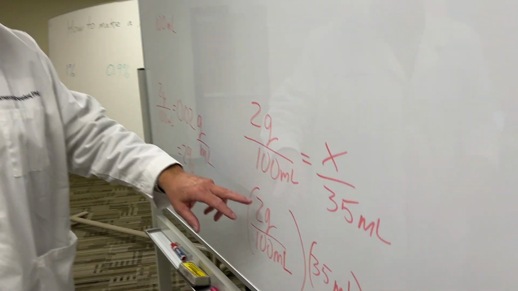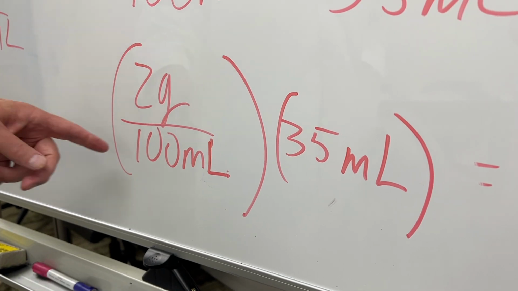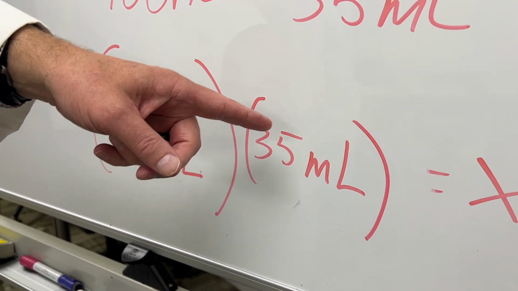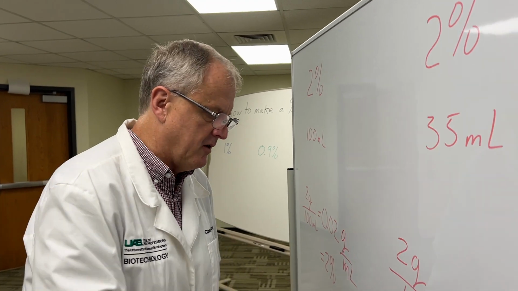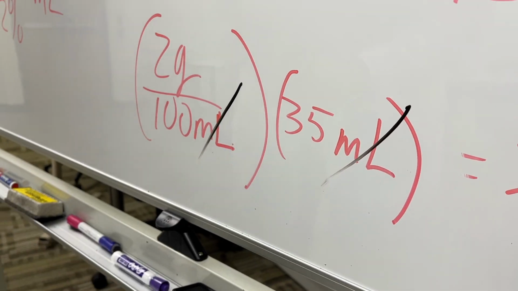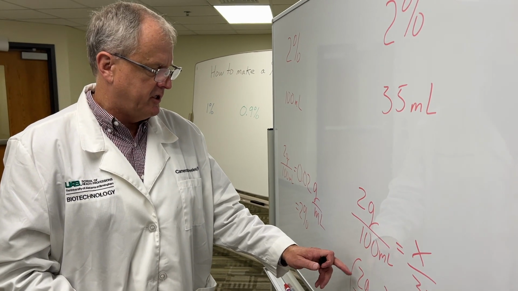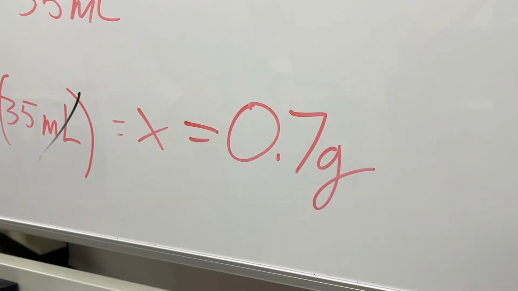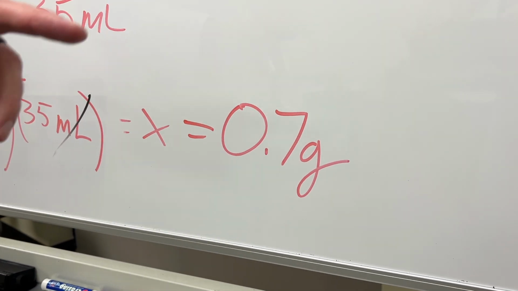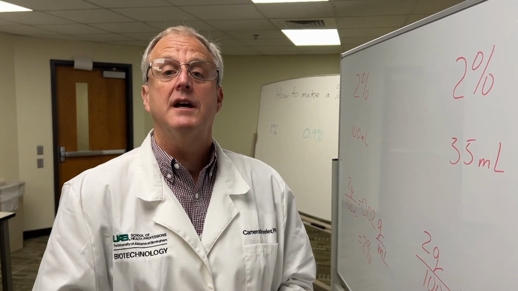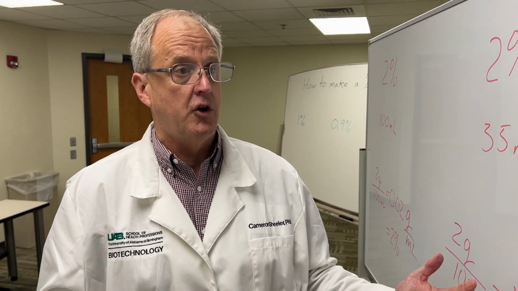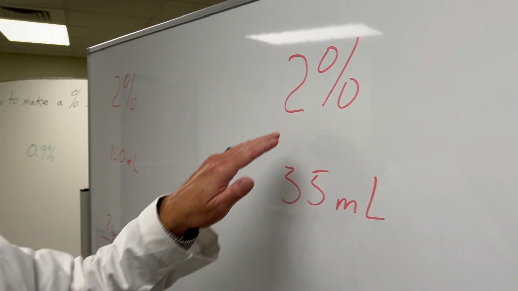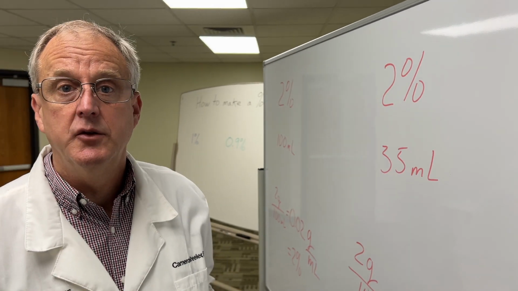Solve for X. We've got 2 grams over 100 mils times 35 mils. The mils cancel out. So 2 divided by 100 times 35 gives us 0.7 grams. So what we have to do is take 0.7 grams of whatever we're trying to dissolve into 35 mils, and that gives us a 2% solution.